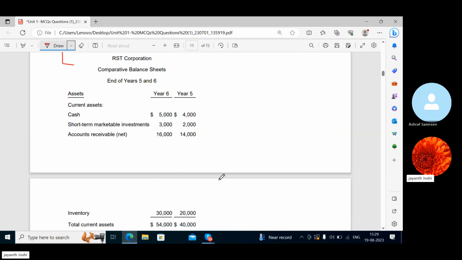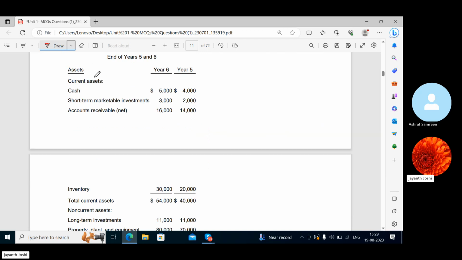So this is your balance sheet. This balance sheet has all the current assets till here. Liquidity is the section, and it is the second question.